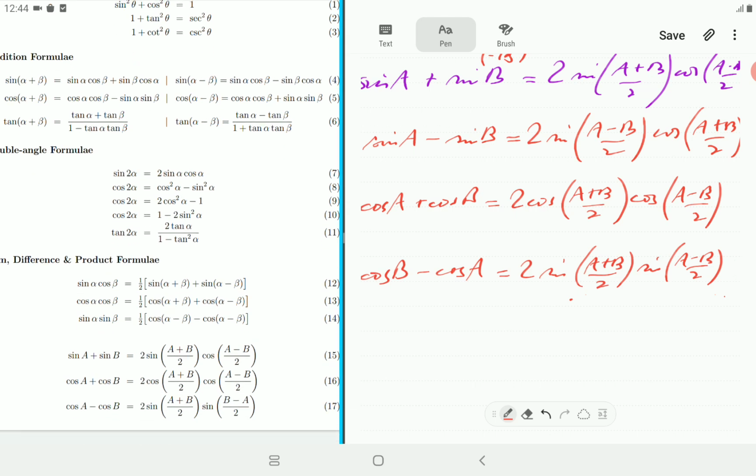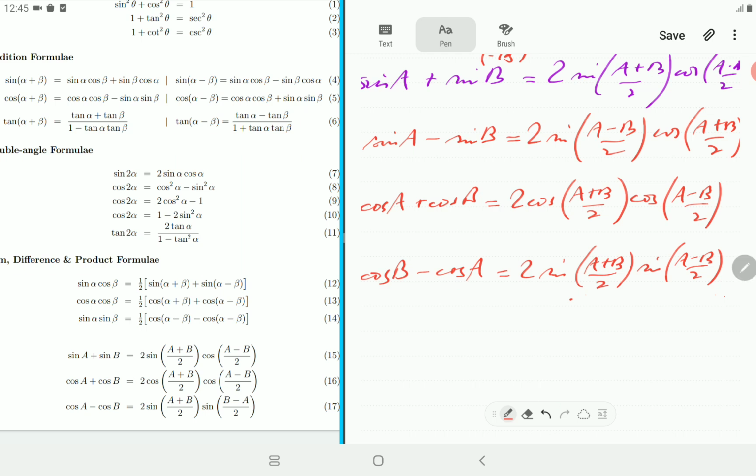we have summarized the formulas for you here on the left hand side. So we've got formulas 12 to 17, so those are just the formulas we derived.